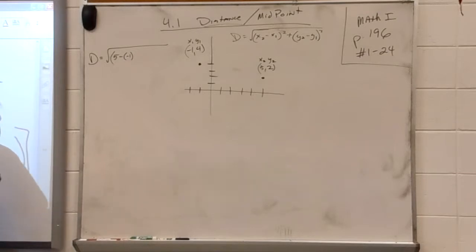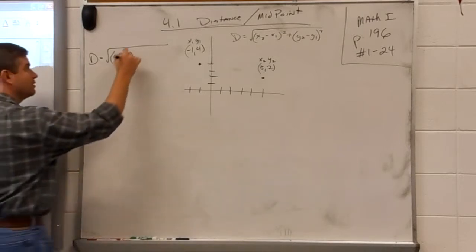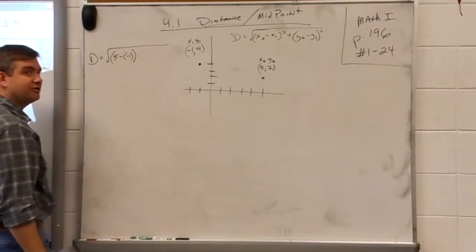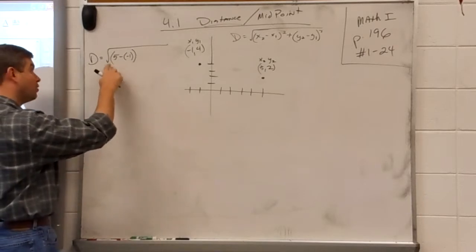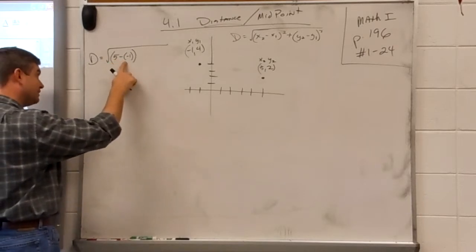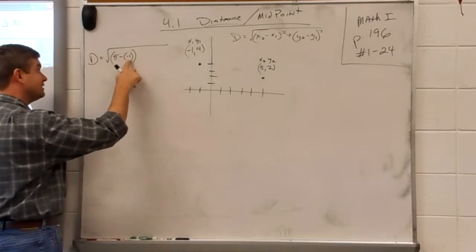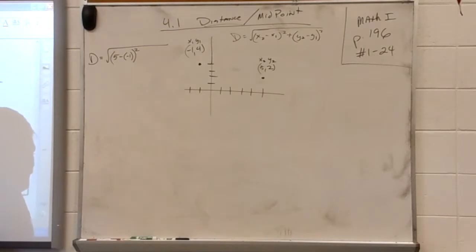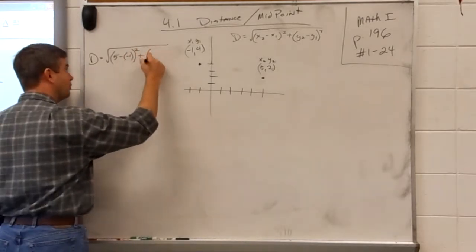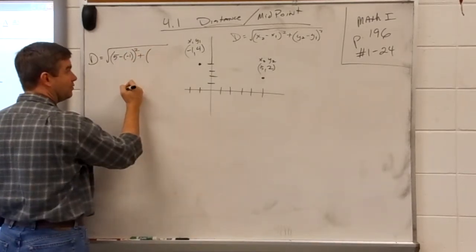What is 5 minus -1 going to end up being? 5 plus 1, it's going to be 6. But if you're typing this in your calculator, you have to do it exactly the way I have it written on the board: parentheses, 5 minus parentheses, -1, close parentheses, close parentheses, squared. The square needs to go outside. If you open a set of parentheses, you have to close it. That's computer programming. Plus parentheses, over here on the y's, what would it be?